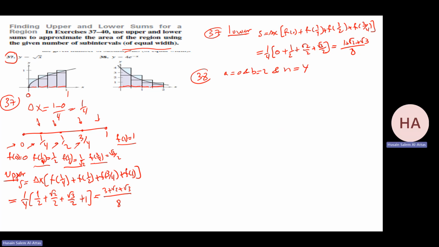Okay, so I want to do the same thing, upper and lower. My area is between them.